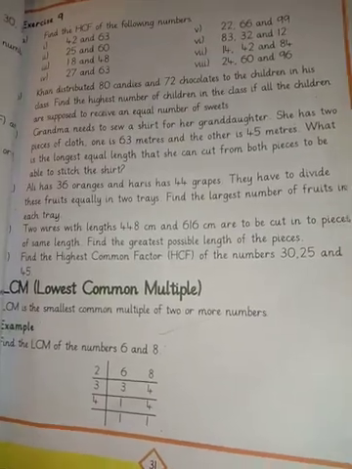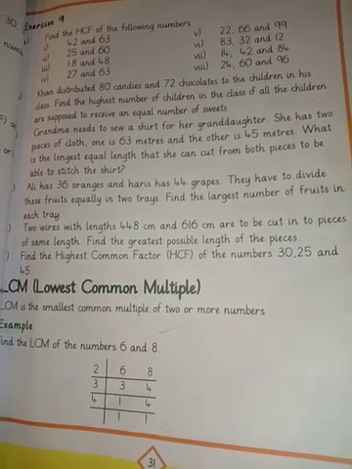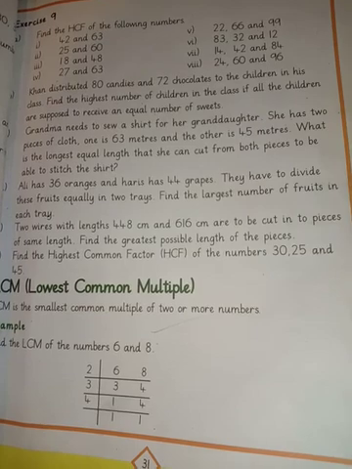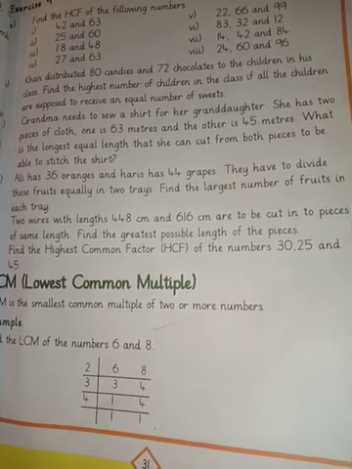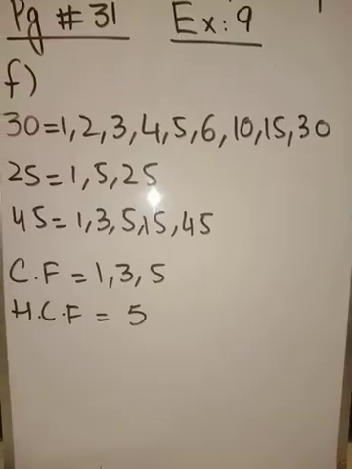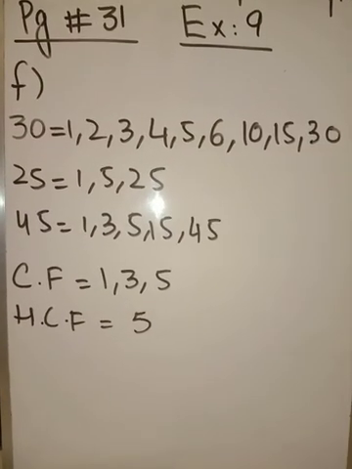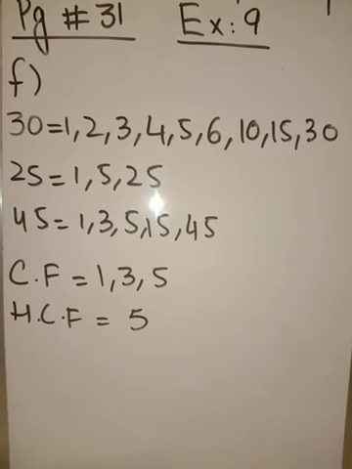In part F, we are given to find the highest common factor of the numbers 30, 25 and 45. You have to find the factors of 30, 25 and then 45, find the common factors and then find the highest common factor. Let's have a look. Factors of 30 are 1, 2, 3, 4, 5, 6, 10, 15 and 30, then 25 and 45.